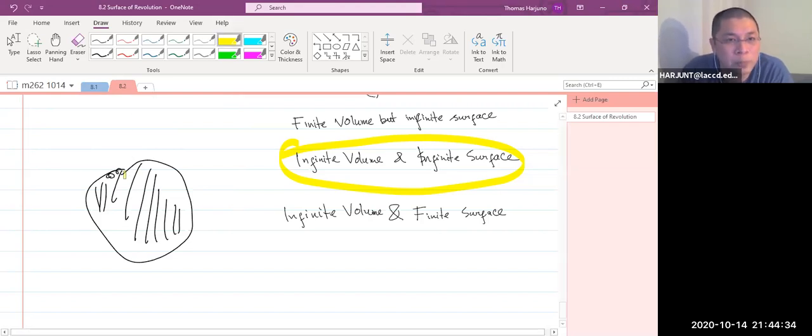We can always bound it. That's the way you think, right? The length of this yellow band here must be finite as long as the area is finite. If the area is finite, then the circumference, the perimeter, must be finite, right?